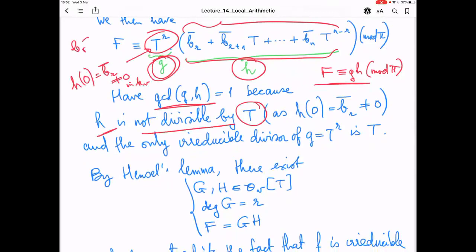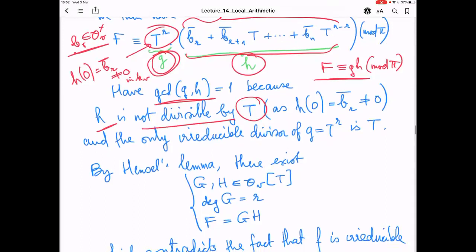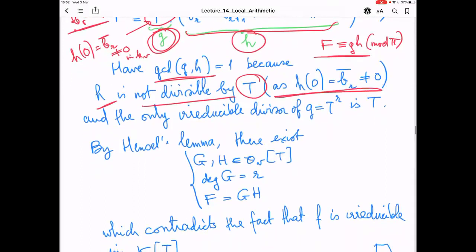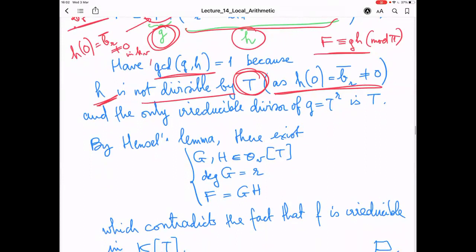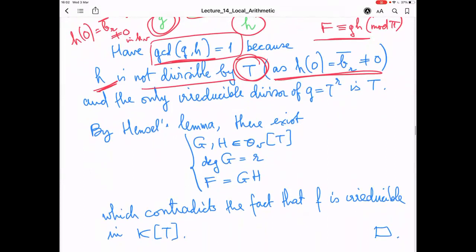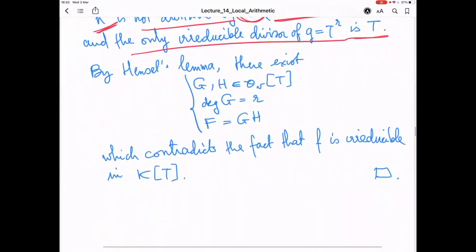Because br is, by hypothesis, a unit. So h is not divisible by the only divisor of g, which is t, and therefore g and h are relatively prime. Basically the only divisor of g is not a divisor of h, and therefore they are relatively prime.